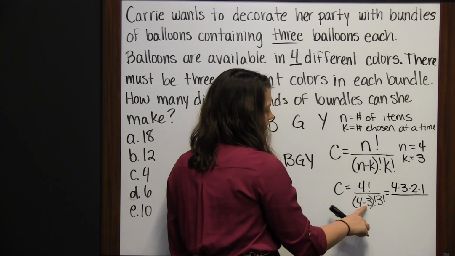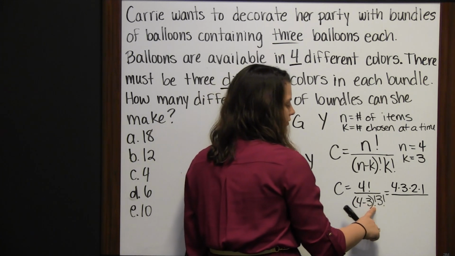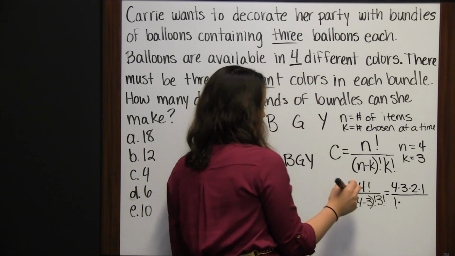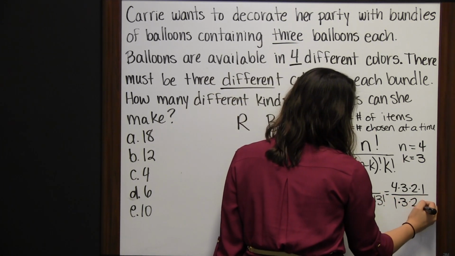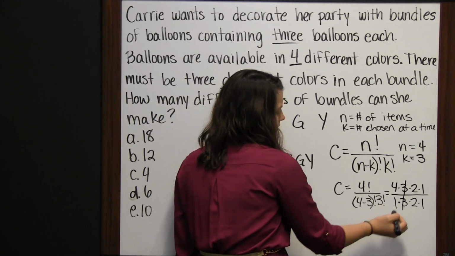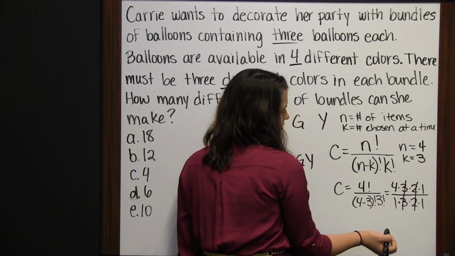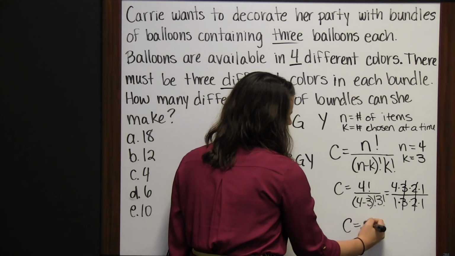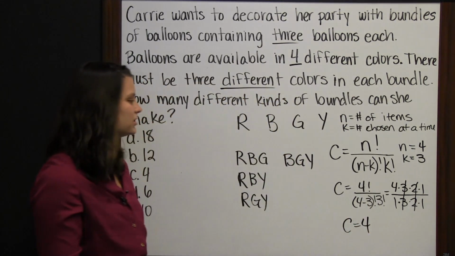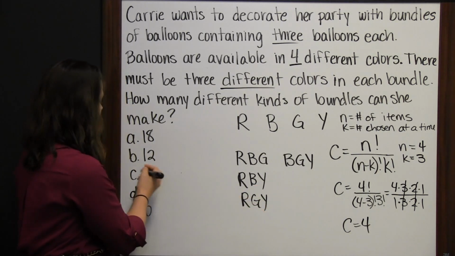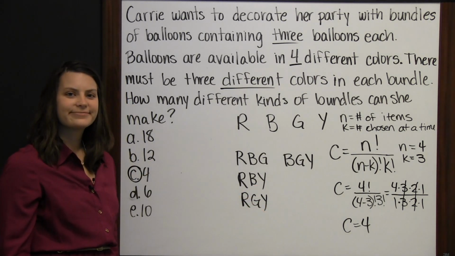Divided by 4 minus 3 is 1, 1 factorial is just 1. Times 3 factorial, which is 3 times 2 times 1. 3 divided by 3 is 1, 2 divided by 2 is 1, 1 divided by 1 is 1. So we're left with that C equals 4. There are 4 different combinations you can make. So either way you do it, we get 4.